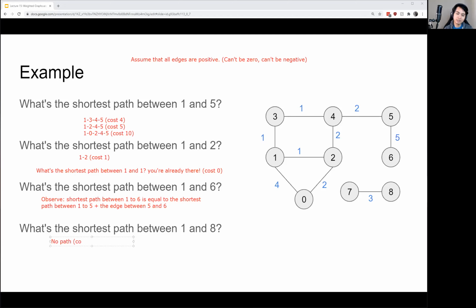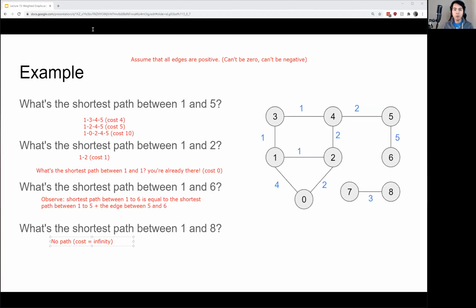In other words, the cost is infinite, right? If there is no way to get from 1 to 8, then we want to note that the cost would basically be infinity because there's literally no way to get from 1 to 8, okay? Need a Stargate, need a kayak. Yeah, you need some way to hop over the edge.